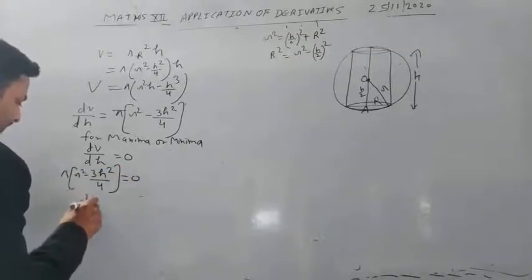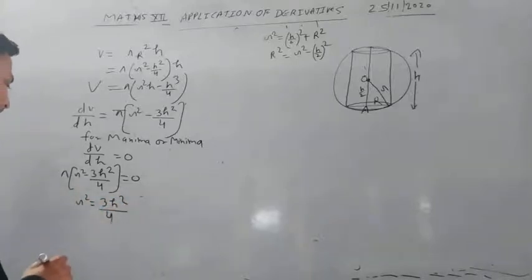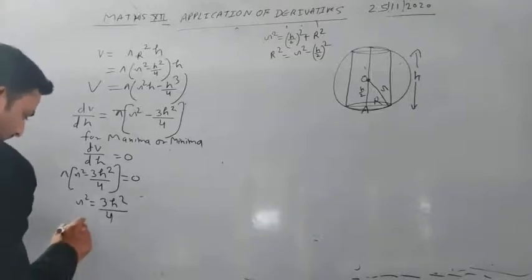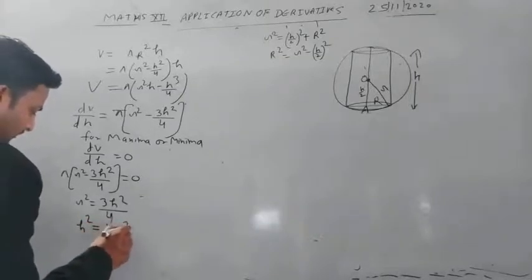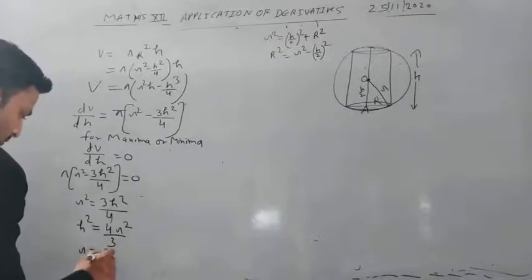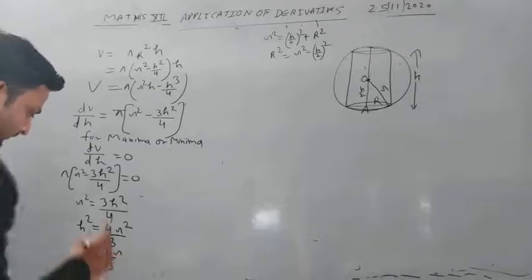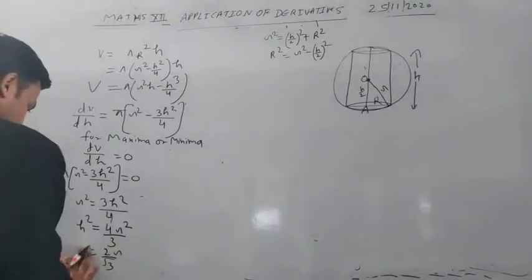Now r square will be equal to 3h square by 4, so h square is equal to 4r square by 3. Now h is equal to 2r by root 3.